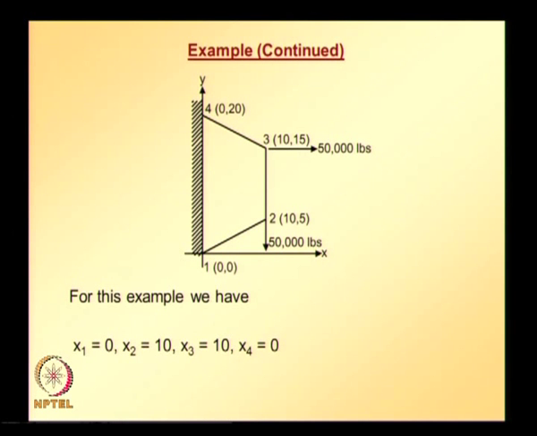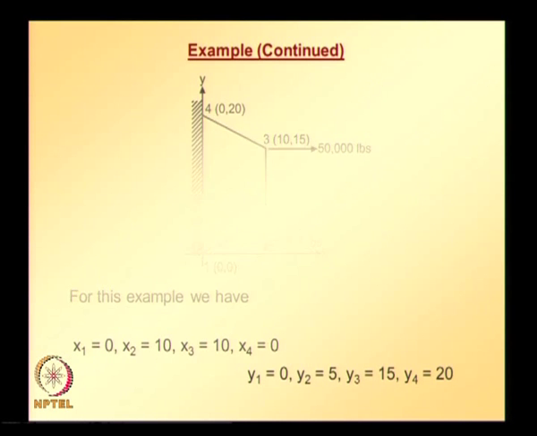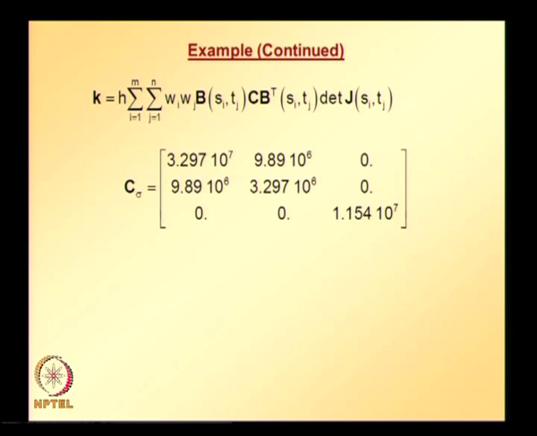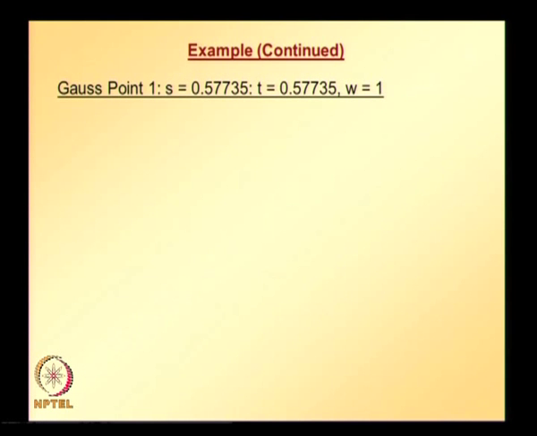To proceed further, we need to make a note of the coordinates of all nodes, x coordinates and y coordinates. Once we have done that, we are ready to evaluate the stiffness matrix using Gauss integration.